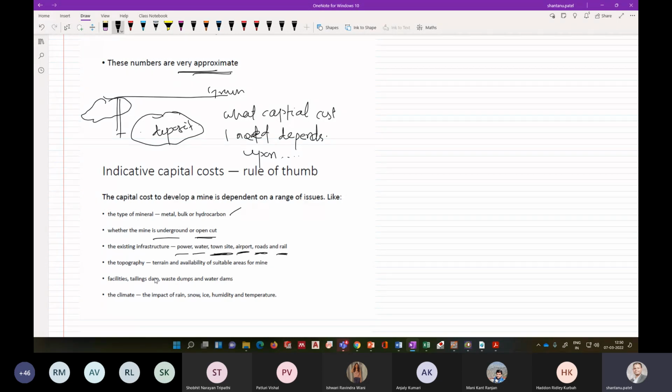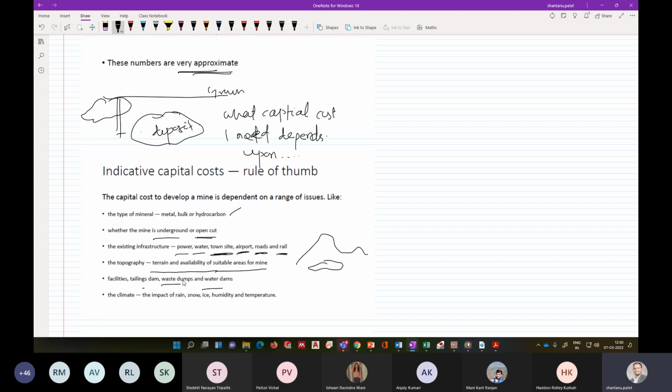The topography: topography means what kind of surface features are there. The terrain, and availability of suitable area for the mine, right? So facilities like tailing dam, waste dump, water dams, what you need for your project.